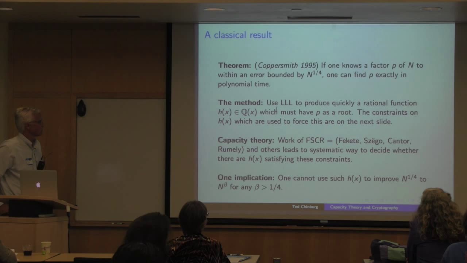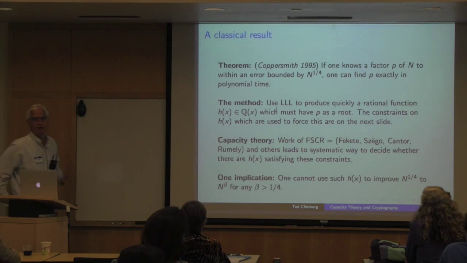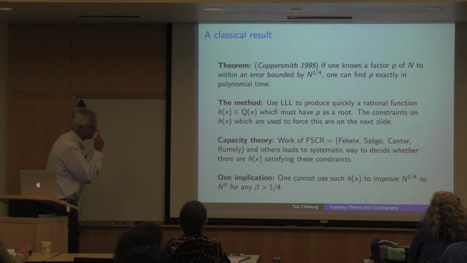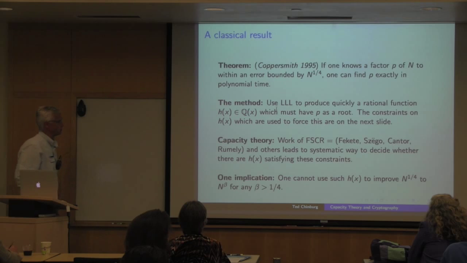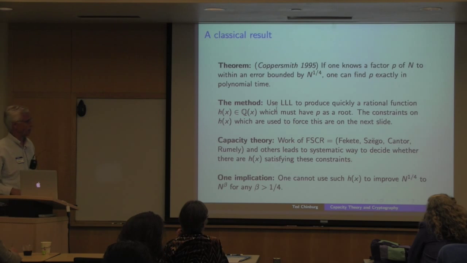So what capacity theory is good for is that we provide a kind of systematic way of producing these kinds of auxiliary rational functions to satisfy the constraints that you pick out.